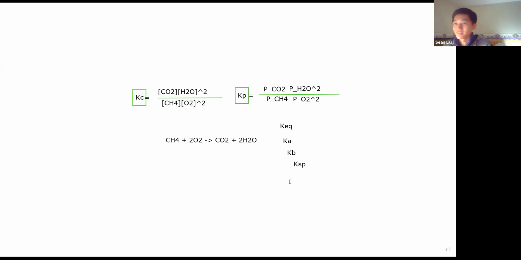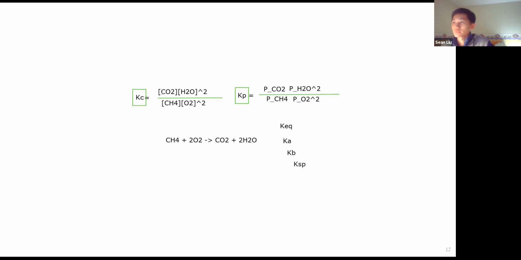So what's the equation for? It's to relate different concentrations. So basically at equilibrium, let's say I have a certain amount of CO2 and H2O and CH4, and I'm looking for the concentration of O2, then what I'd be able to do is plug those numbers into this equation and find O2.